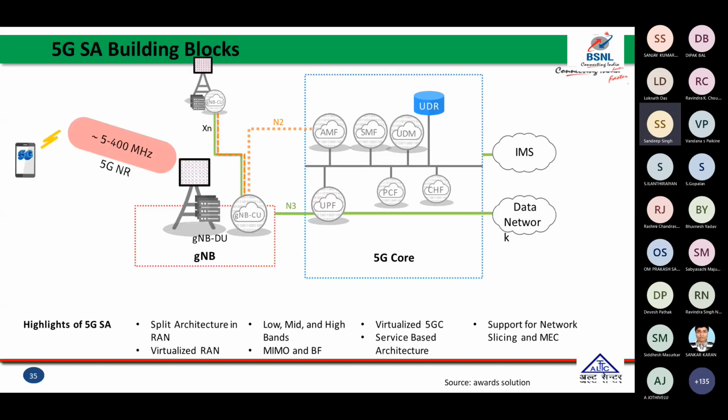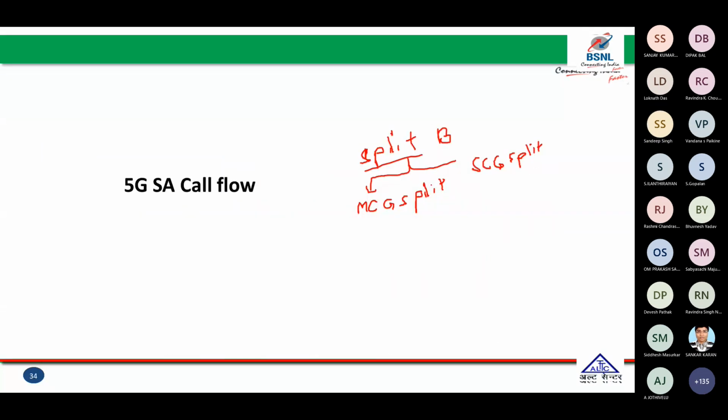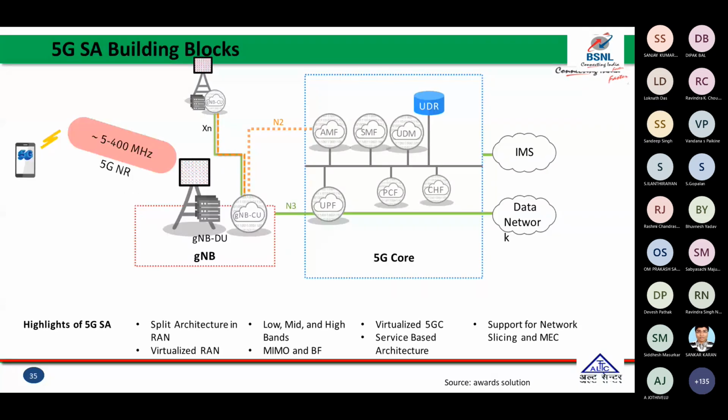Now we are moving towards the 5G standalone call flow. This slide shows just a brief overview. You have already studied the 5G core and 5G RAN a lot. It is just an overview of how they are connected. The two gNodeBs are connected with the Xn interface.